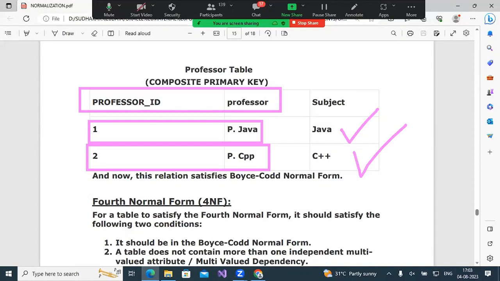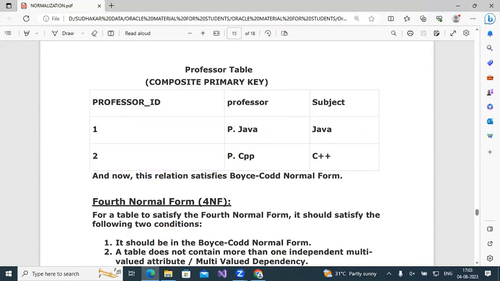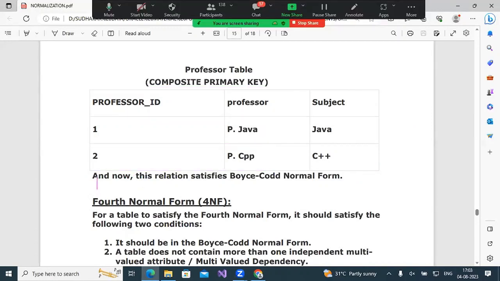Some doubt is coming out. But now you can see, I'm going to insert a third record. 3, Professor Java. Allowed? Check carefully. 3, Professor Java, I'm telling. Allowed? Yes, because Professor Java is already there.